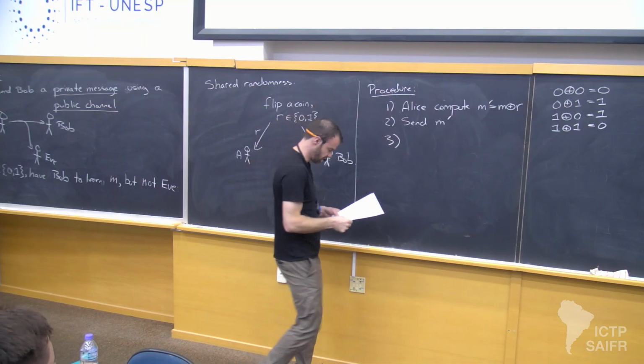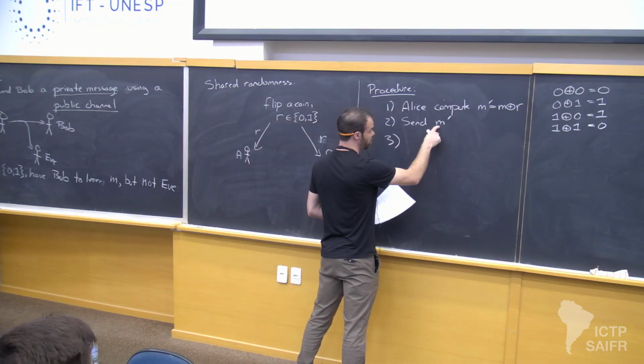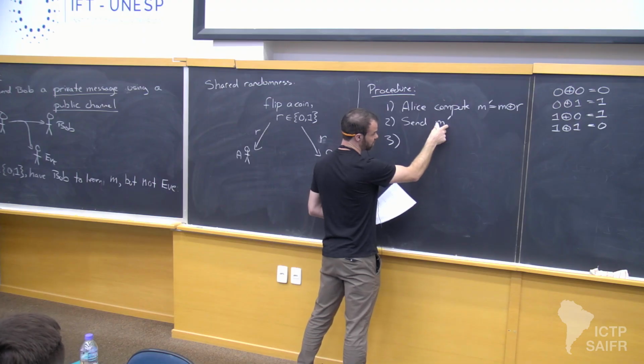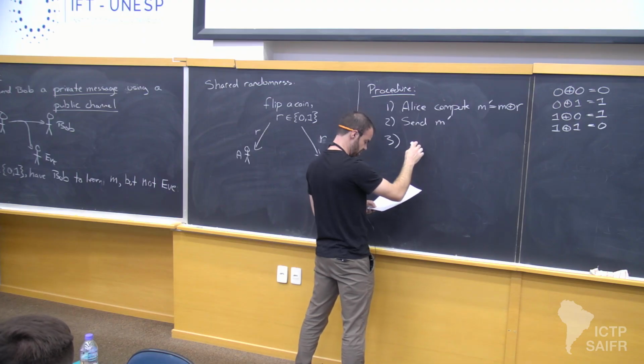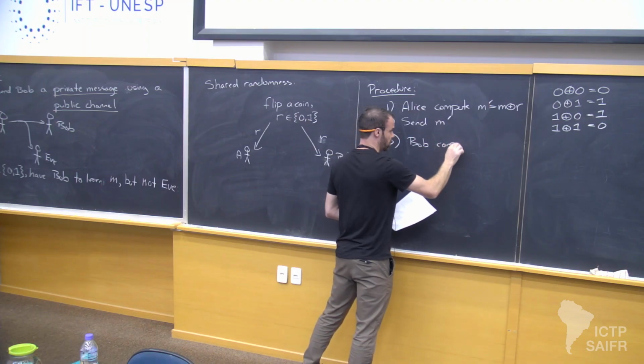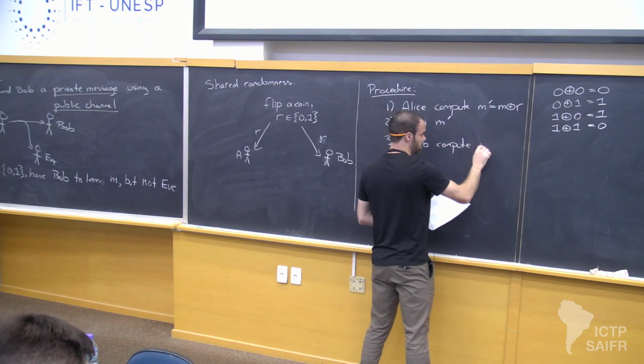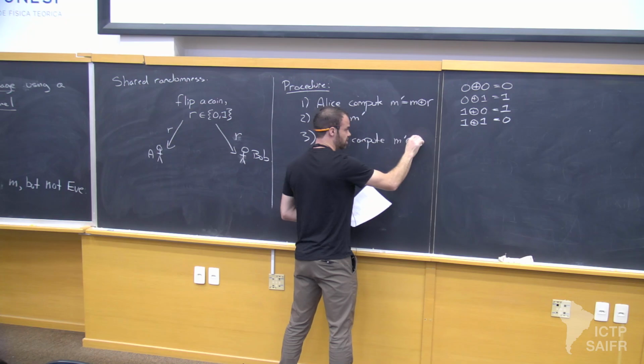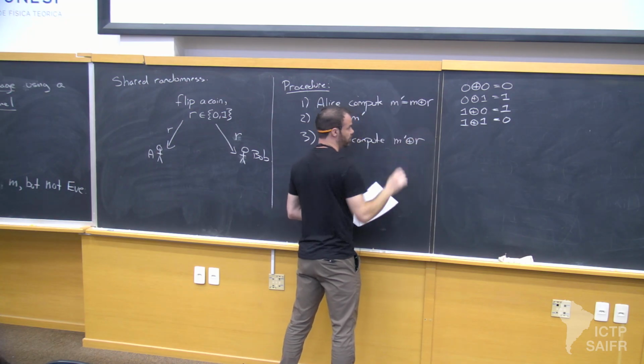And then Bob, assuming Eve doesn't intercept, and he gets M prime, Bob will compute M prime plus R, right?